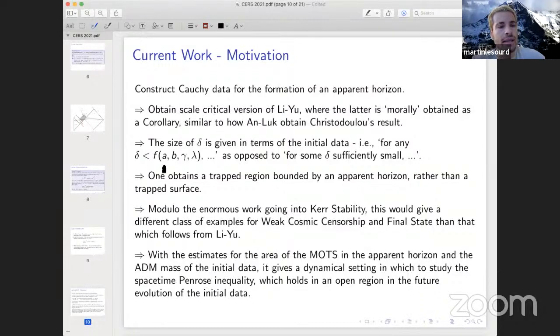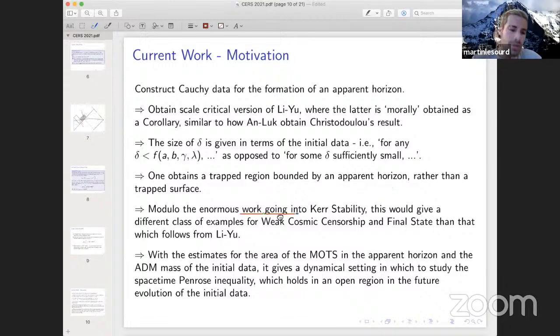Now, what's interesting is that you can pinpoint the size of everything, how big delta needs to be, how big A needs to be, B, etc., all the parameters. And from the point of view of general relativity and formation of black holes, you actually get a lot more. So you get a trapped region bounded by an apparent horizon rather than a single trapped surface, which was what you got from Christodoulou or Liu.